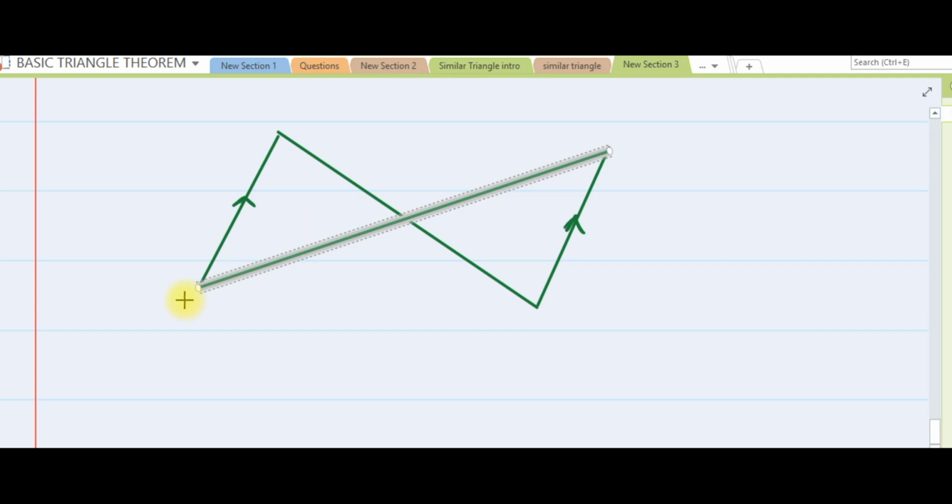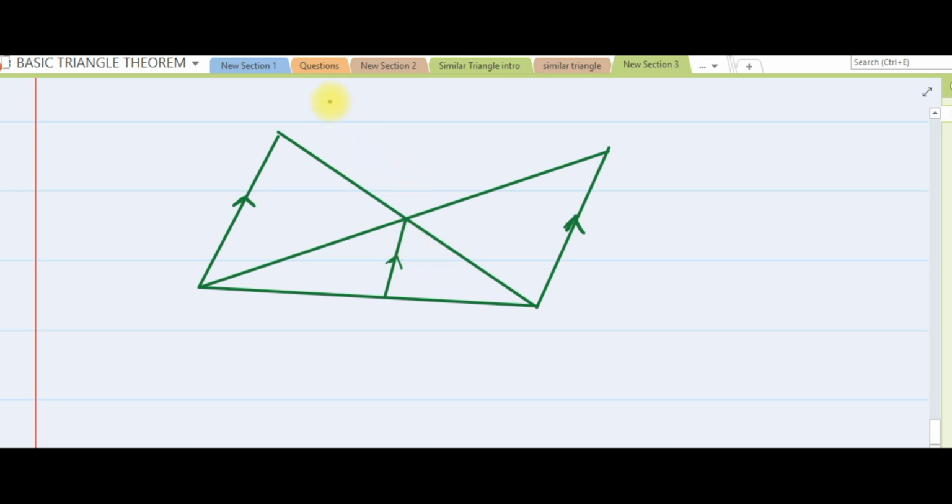So assuming a line, yes, I'm saying that this line is parallel to this. And assuming another line that is parallel to the two is this.